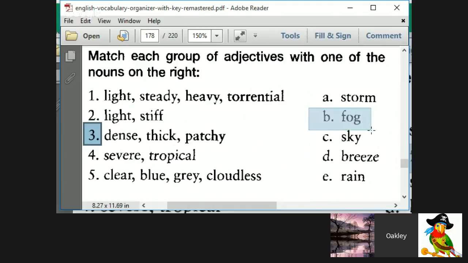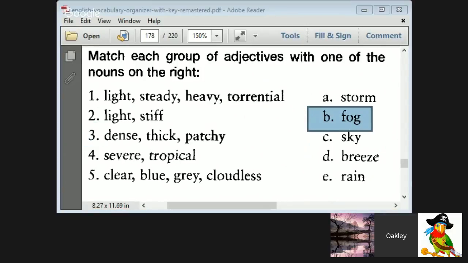We actually have a couple of expressions we use. The fog is so thick you can cut it with a knife is one. Another one is it's as thick as pea soup.